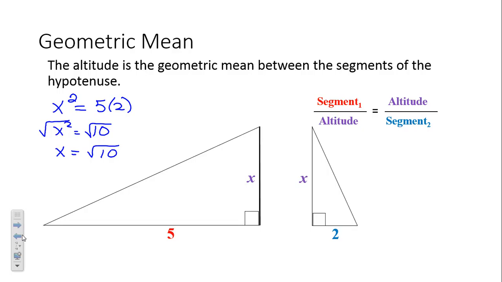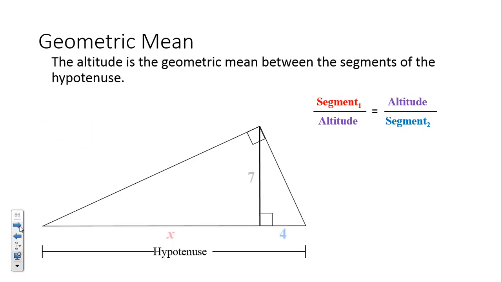What questions do you have about this slide? Easy, right? Okay, the altitude squared equals segment times segment. So far, so good? All right. We can move them around, right, and have the X be part of the segments, or one of the segments. So the altitude is still the mean. What's my equation going to say here? 7's the altitude, so we're going to square it and multiply these guys together, right?